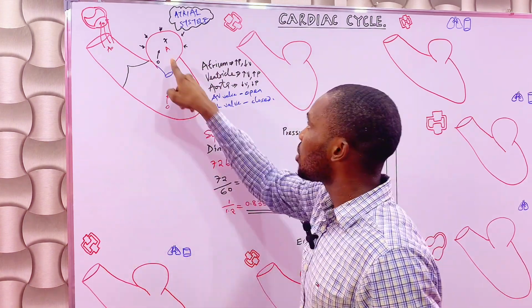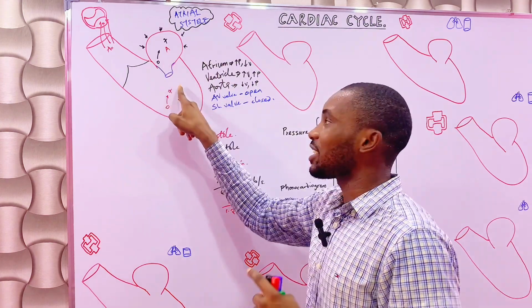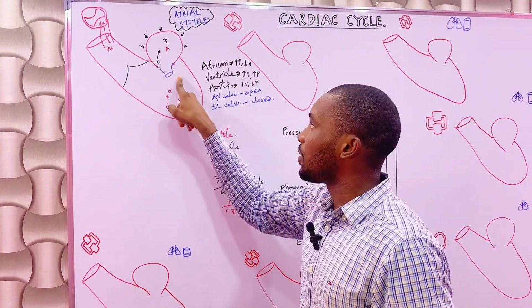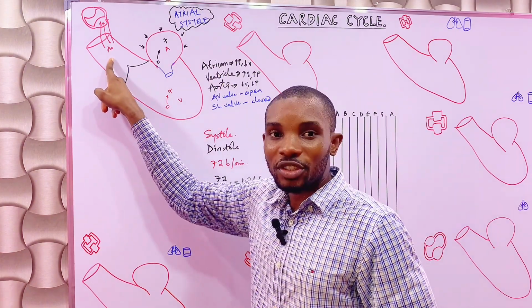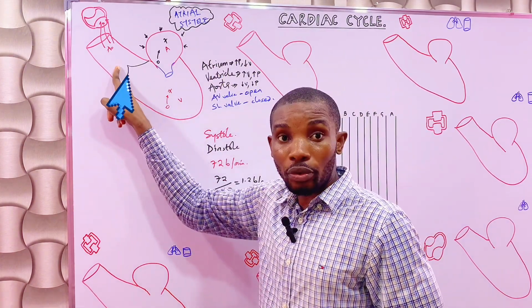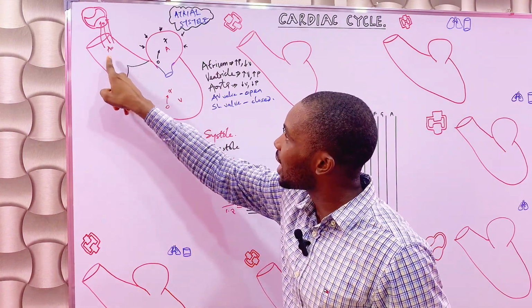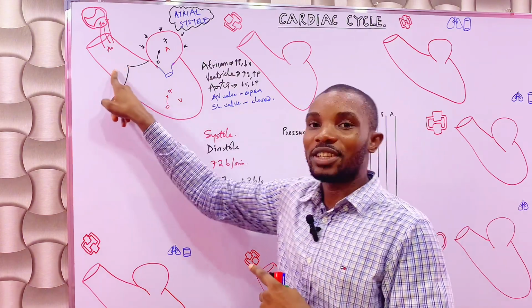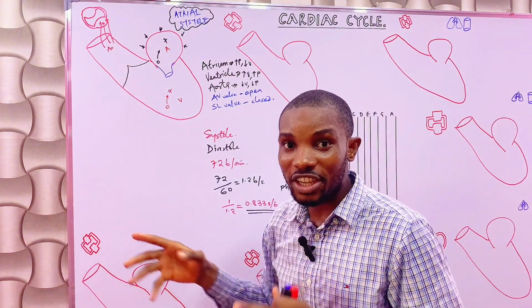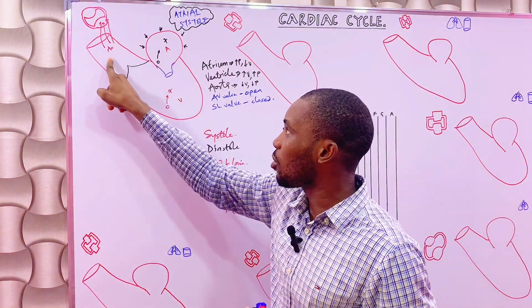Only when the pressure in the atrium is higher than the pressure in the ventricle would the valve open. And only when the pressure in the ventricle is higher than the pressure in the aorta would this valve open. Since the pressure is higher here, blood cannot move back, so the valve has to close, because it's unidirectional.